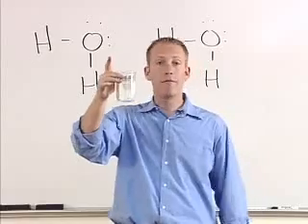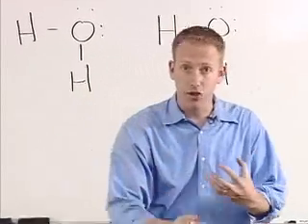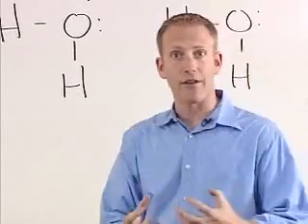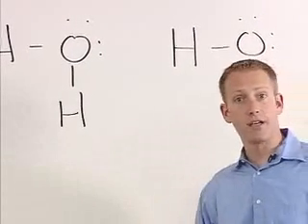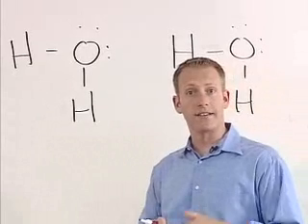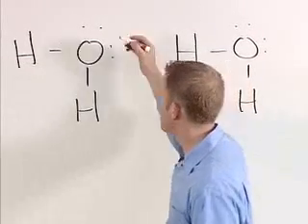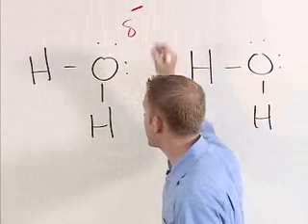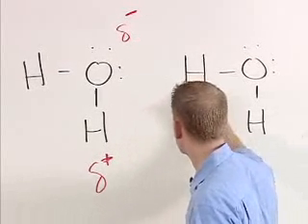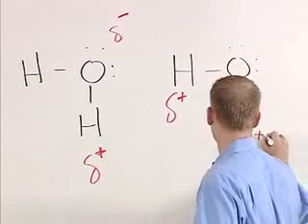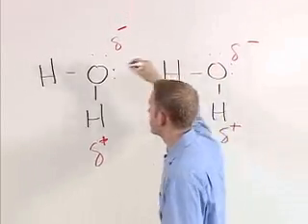But here, you have many water molecules attracting each other that keeps them together. If you think about polarity, oxygen has a higher electronegativity than hydrogen. So oxygen is slightly negative, and the hydrogen part is slightly positive. So all the hydrogen parts are slightly positive, and the oxygen parts are slightly negative.